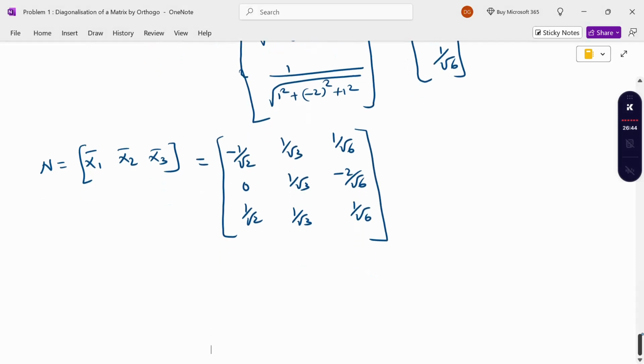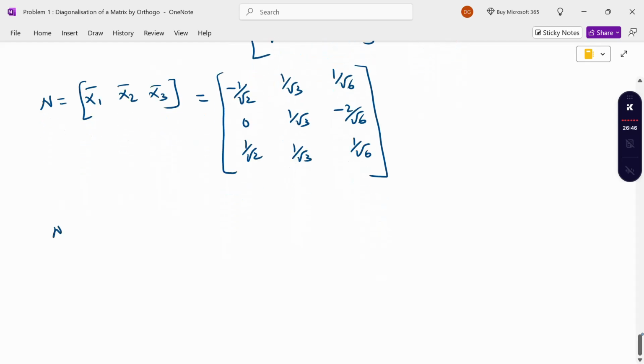Now to calculate n transpose. N transpose is nothing but row to column. So first row changes to column. Second row changes to column. Third row changes to column.